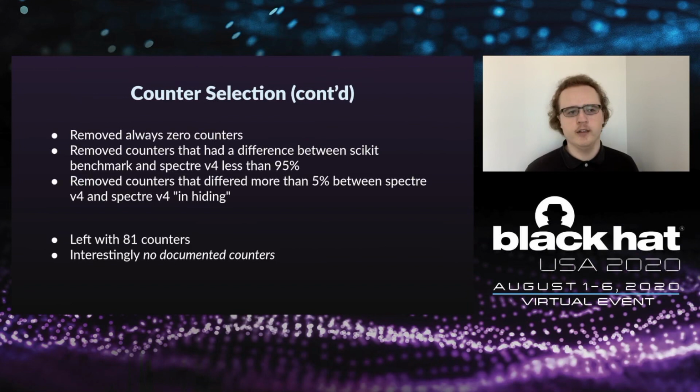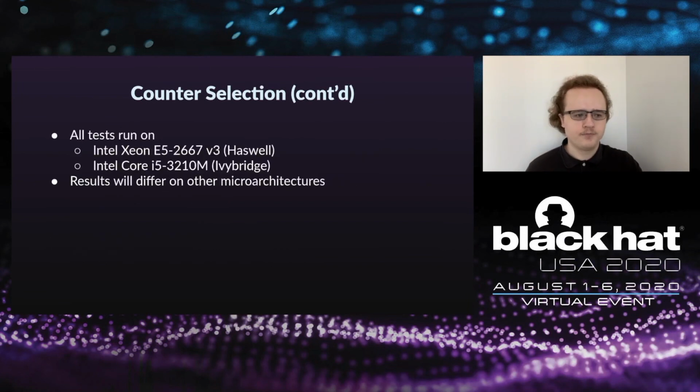Again, the idea being those two should give a similar signature, because we want to actually detect the exploit running, not a side effect of it. Since those are at their core doing the same exploit, they should be relatively similar in their counts. At the end of that, we were left with 81 counters, and interestingly enough, none of them were documented. So we thought, okay, maybe we're actually on something here.